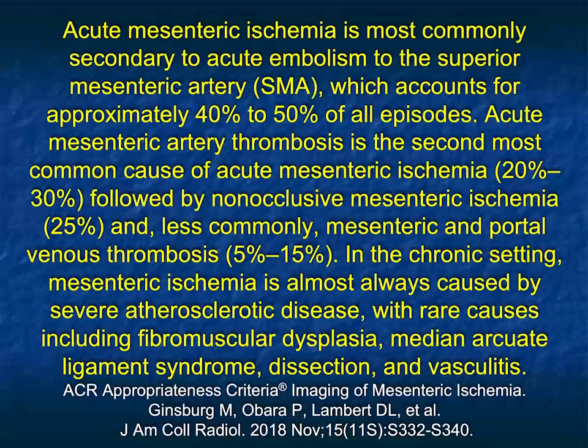In the chronic setting, mesenteric ischemia is almost always caused by severe atherosclerotic disease. That's why complications are worse in the older patient. With rare causes including fibromuscular dysplasia, median arcuate ligament syndrome, dissection, and vasculitis, all things we need to think about.